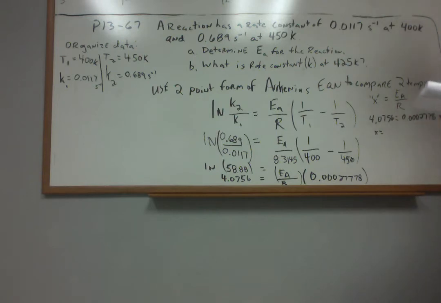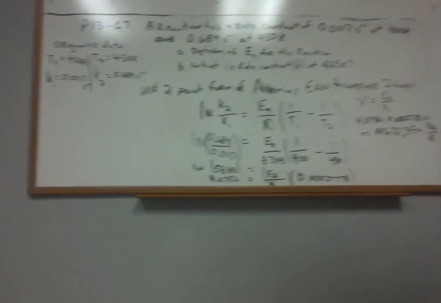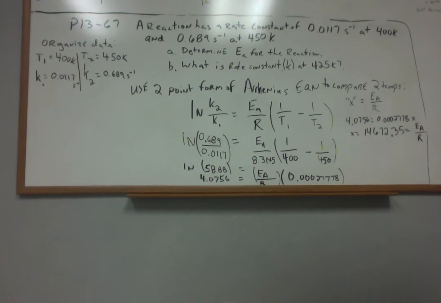When I do that, I get 14,672.35 is my value of x, and of course that's equal to my EA, my activation energy, over R. We know that R is equal to... I gotta move this a little bit. Let you catch up.